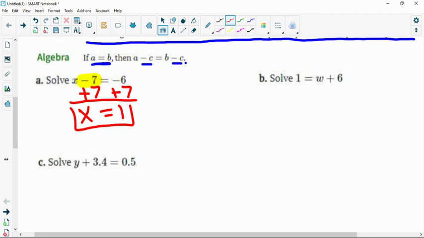B. Solve 1 equals w plus 6. It says w plus 6, so we have to undo the plus 6. We use the opposite, so instead of plus 6, we subtract 6 on the right and the left.